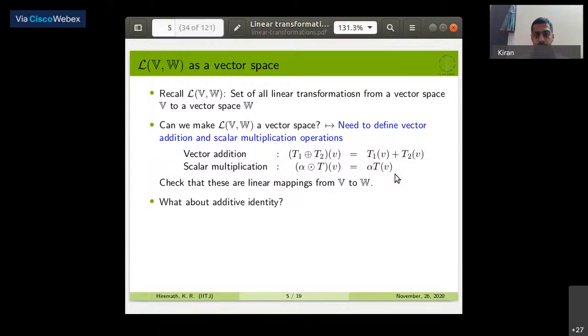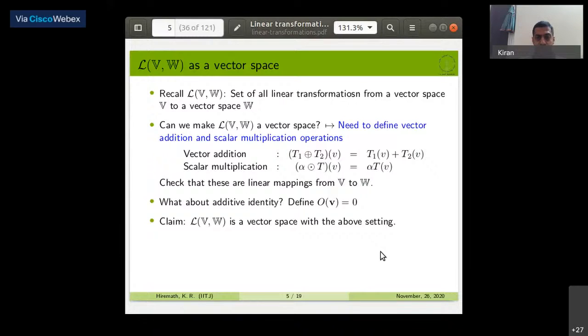Sending every vector V in V to the zero vector in W. It takes any vector V in the vector space V and maps it to the zero vector in W. And with this, it can be verified that this is indeed the additive identity.